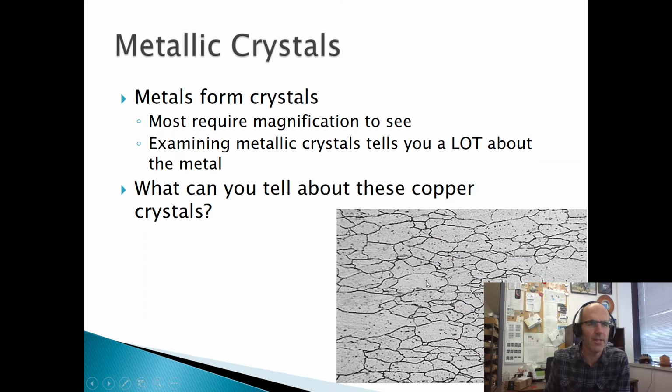And if you pointed that out and said, oh, those dots, maybe that's an impurity or something inside the crystal, that is a fabulous observation. We're going to talk about impurities and dislocations a little bit later on. That's something important to note. If you note that they're different sizes, that's good to note too.